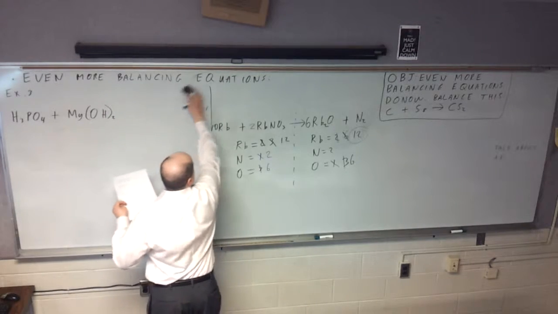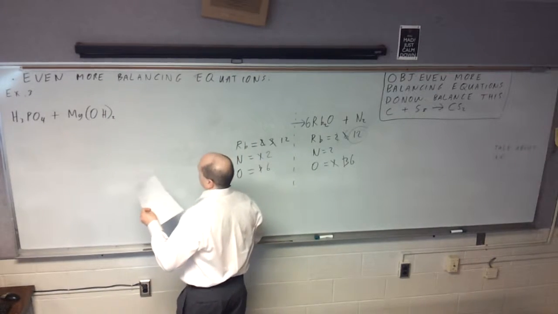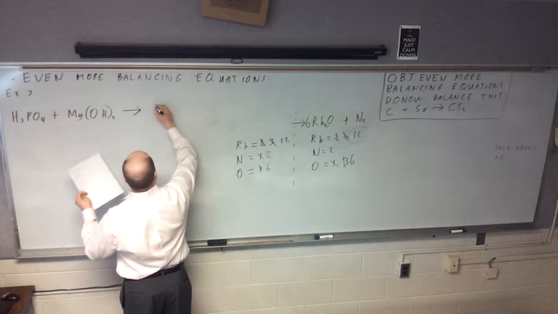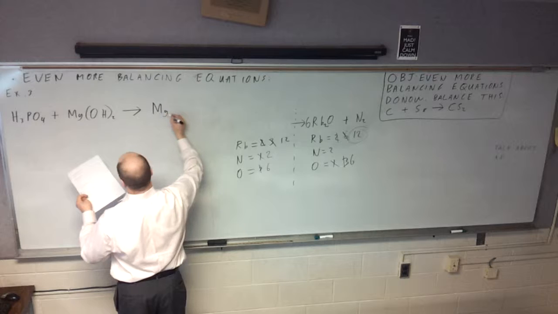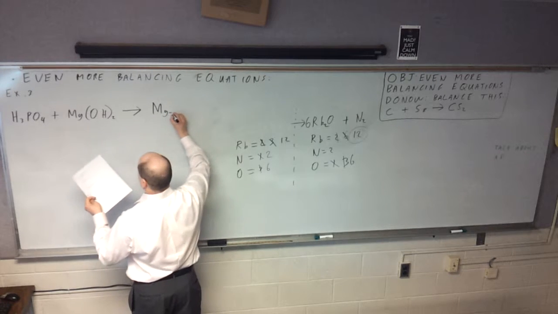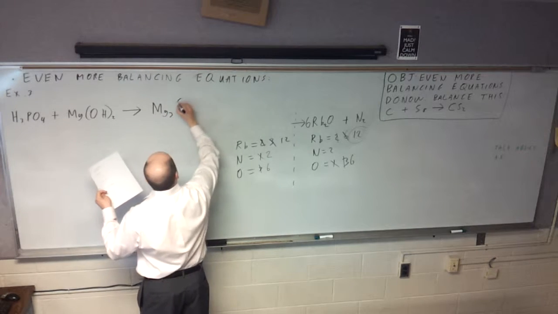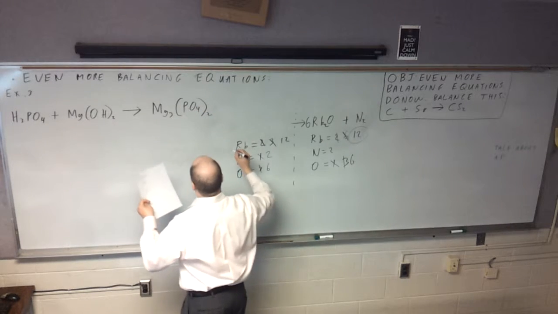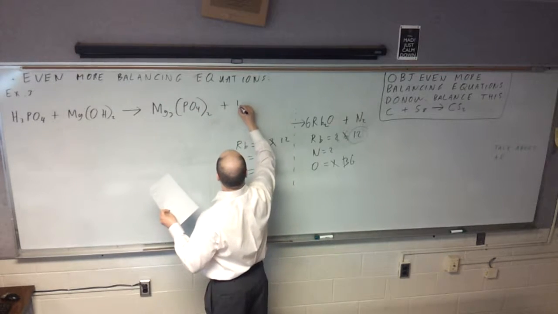I'm going to leave some space here. And this is going to produce magnesium phosphate. This is a double replacement, right? Magnesium and hydrogen are switching. PO4, 2 plus water.